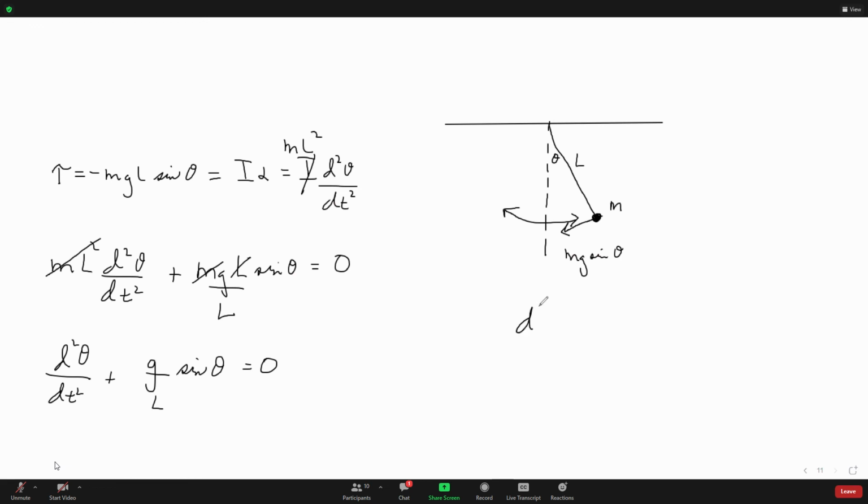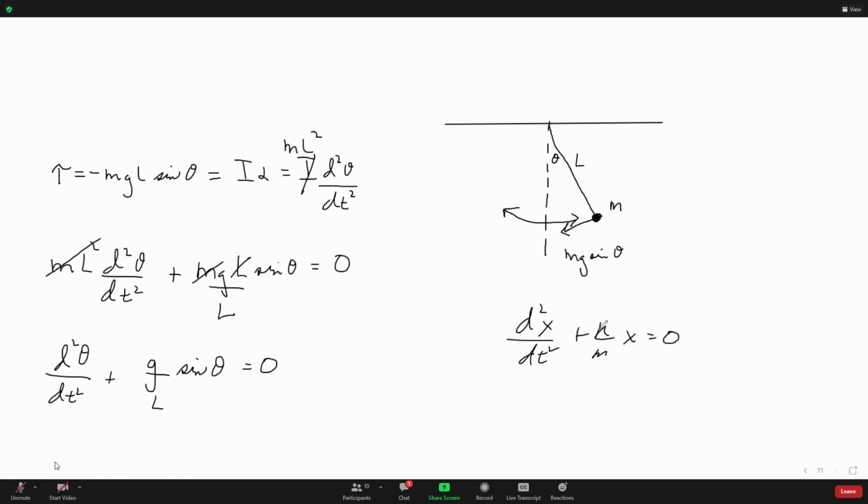We had d squared x dt squared plus k over m x equals 0. How is it different? But look at them. The theta and the x don't signify.